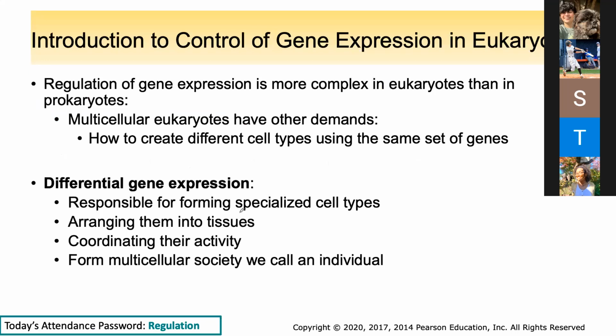So like I mentioned, regulation of gene expression is pretty complex, especially when we look at eukaryotes. When we were talking about transcription with our prokaryotic cells last week, we had the promoter and the sigma factor that would help pull the RNA polymerase and the promoter region of our DNA all together.